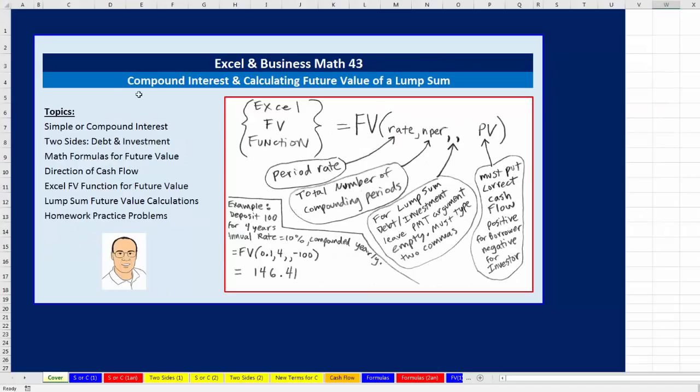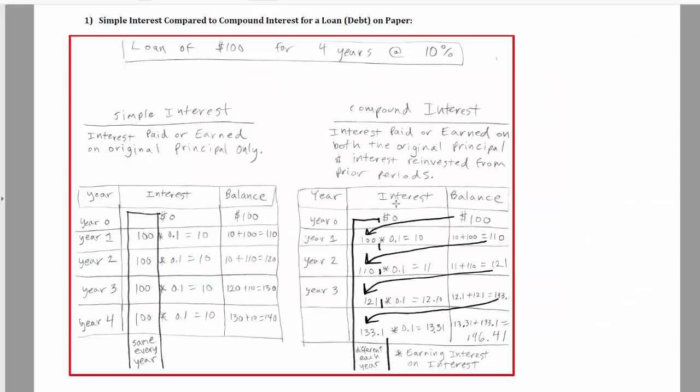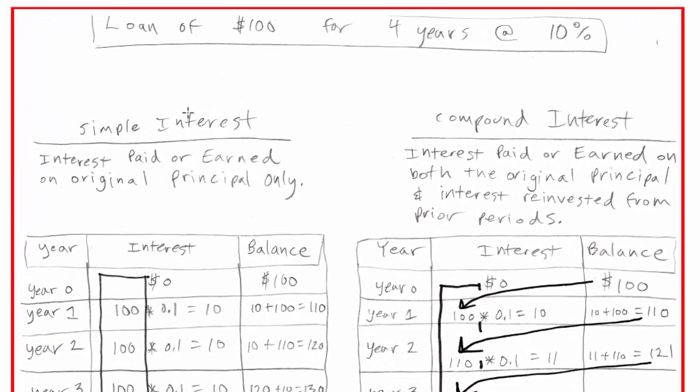Now, last video, we talked about not compound interest, but simple interest. And so our first topic is we want to compare and contrast simple interest and compound interest. Now, we're going to start off by going to our PDF notes. The PDF notes in the Excel files you can download below the video. Now, we want to compare simple interest and compound interest.